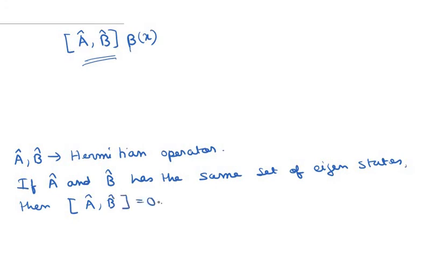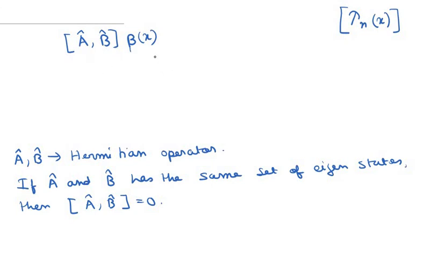Let us say that operator a and operator b have the same set of eigenstates, and we denote that set of eigenstates by lambda n, with n equal to 1, 2, 3, 4, 5, etc. This is our eigenstate of operator a and operator b.